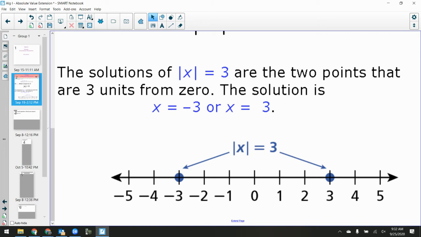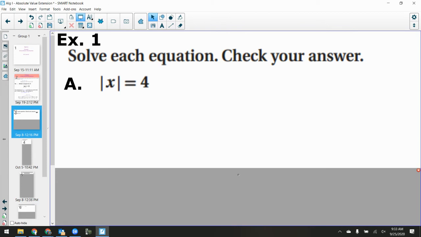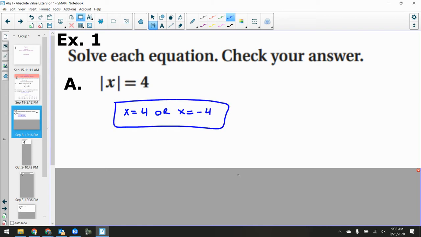All right. So my question here is, what are the solutions to this equation? 4 and -4. Good. I'm going to use the word or, and say x could be 4 or x could be -4.